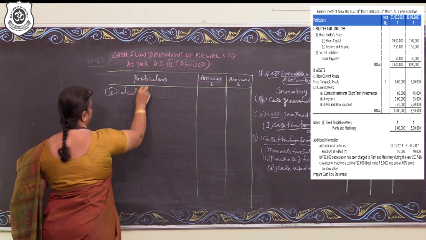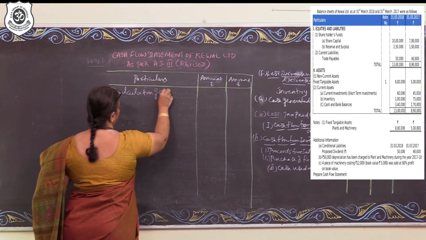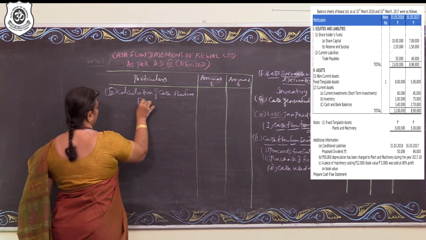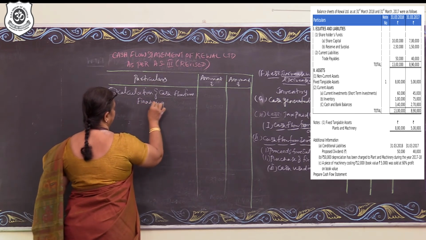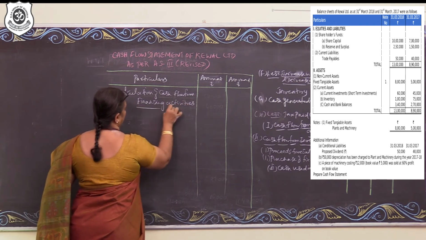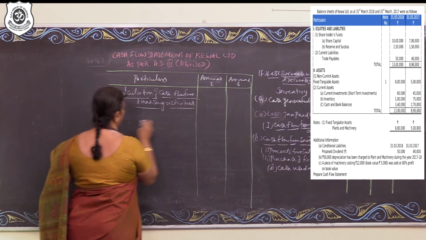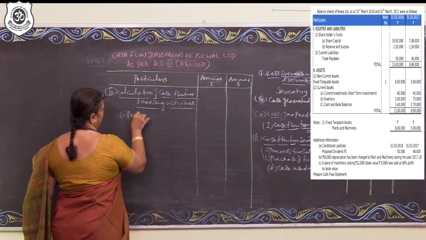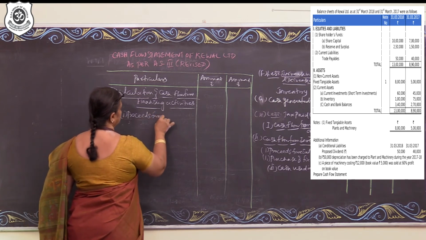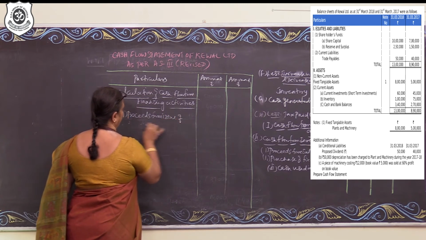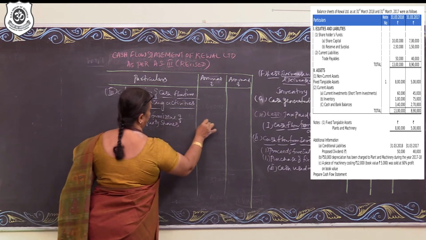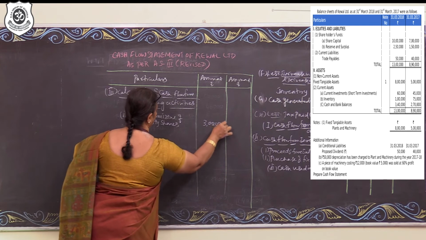So, Roman letter 3, calculation of cash flow from financing activities. Number 1, your equity share capital is increasing by 3 lakh rupees. Proceeds from issue of equity shares, you have 3 lakh rupees.